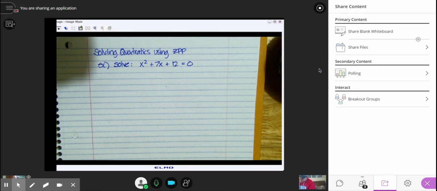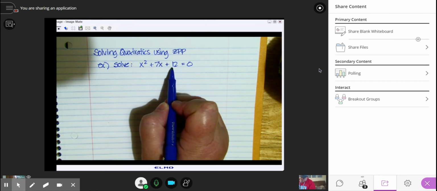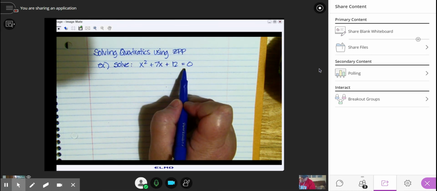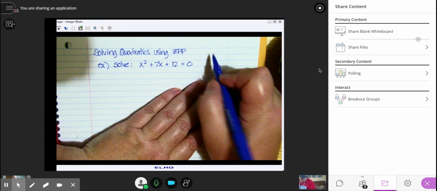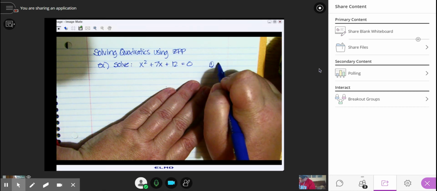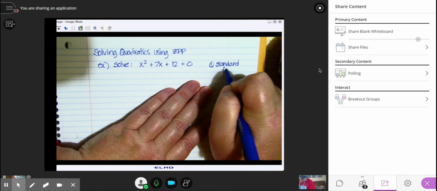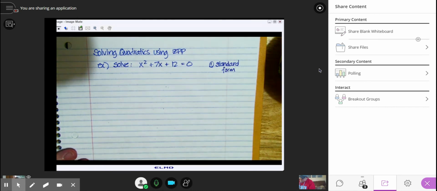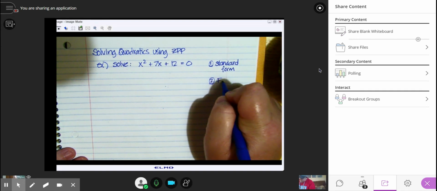All right, so we're going to solve this quadratic equation. Notice it's in the form ax squared plus bx plus c, and I've set it equal to 0 so that we have an equation. So the first thing we want to make sure is, is it in standard form? The second thing we want to do is factor it.